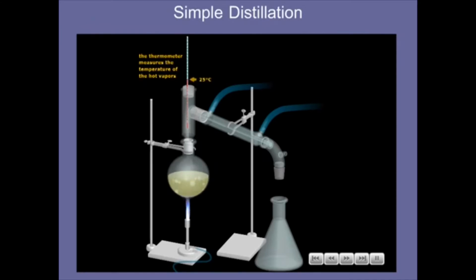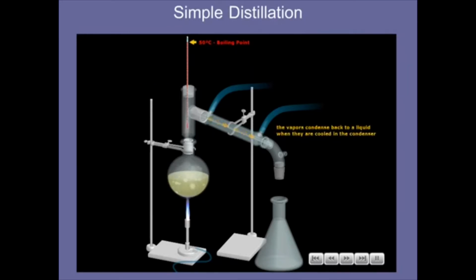If the vapors are pure, they will have a constant temperature equal to the boiling point of the liquid being distilled. As the vapors travel into the condenser, they will be cooled and will liquefy. The liquid droplets, called the distillate, run down the condenser and are collected in a receiving flask. So in this video, we're trying to show you how a distillation setup looks like and how it can be used to collect solvent out from a solution.